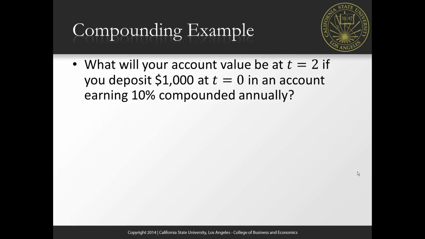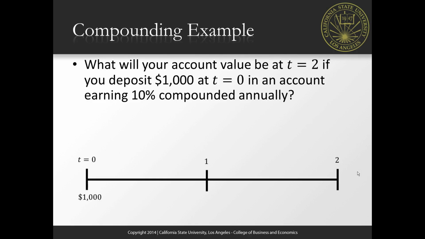Okay, so here's how I would go about doing it. First, we'll look at the really complicated way of looking at the initial amount and then the interest. So again, here we have our timeline. We can see that it has 2 periods represented there. Now we start off with $1,000. Again, because we're not adding or subtracting anything, it basically gets passed through.